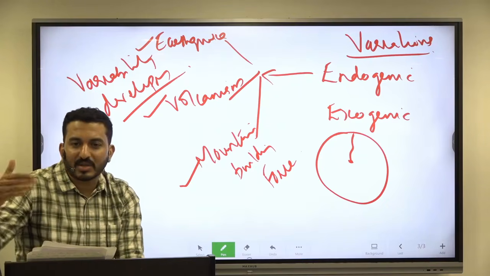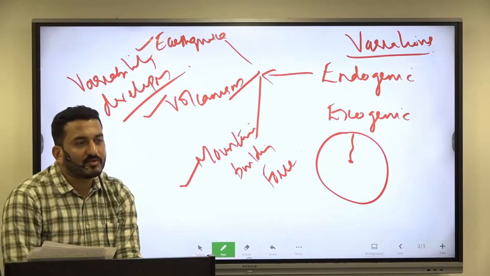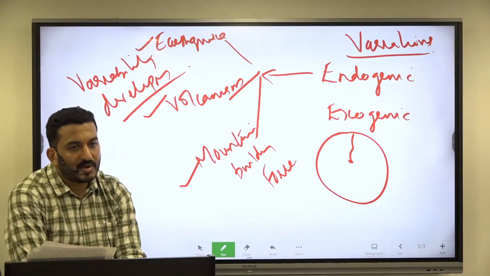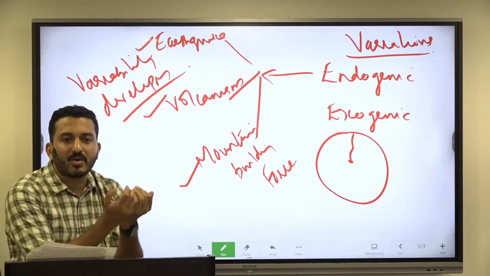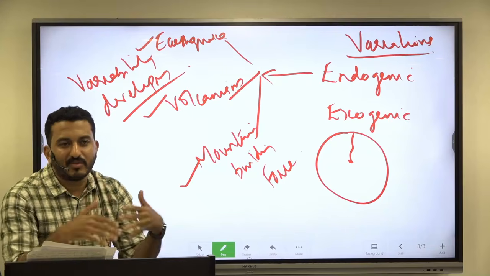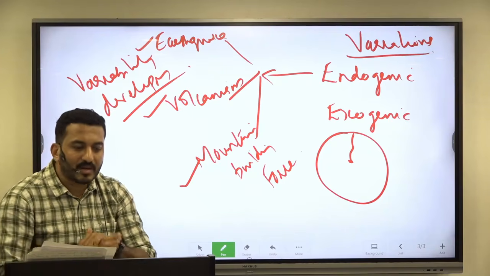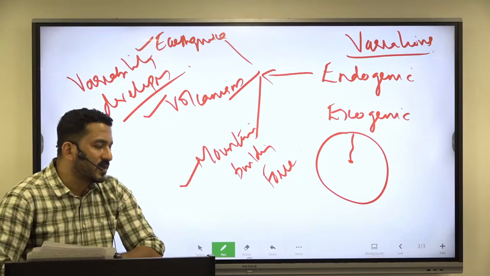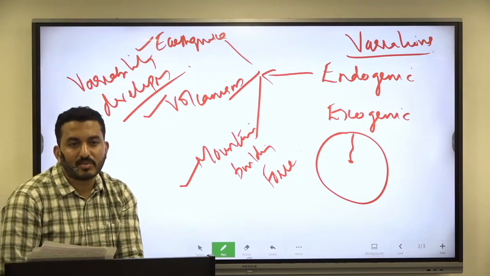These are all different processes happening due to endogenic force. Mountain building happens due to compression or tensional stress between two plates. First you have to know what a plate is. We will deal with this in the module called geomorphology.